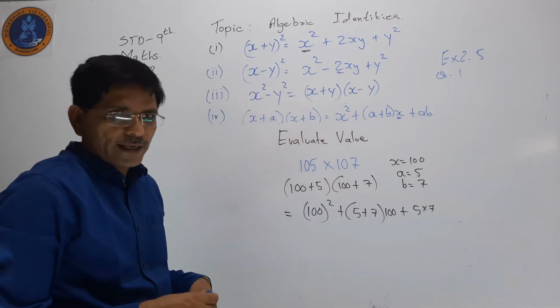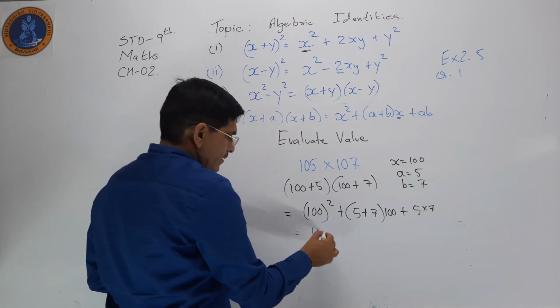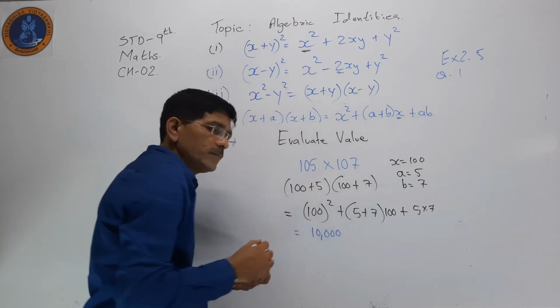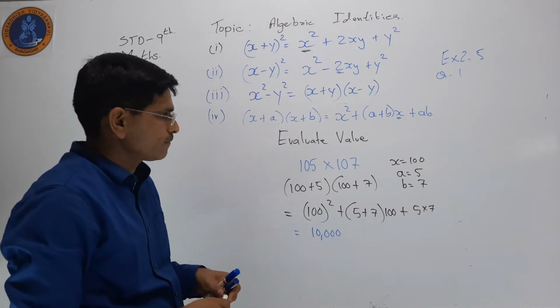Now 100 square, so we have to write 10,000. Don't write 100 into 200, that is not a way to get the answer.